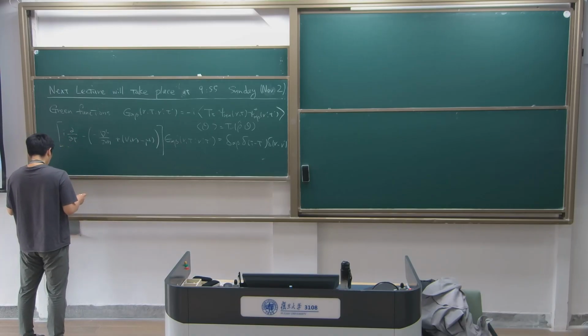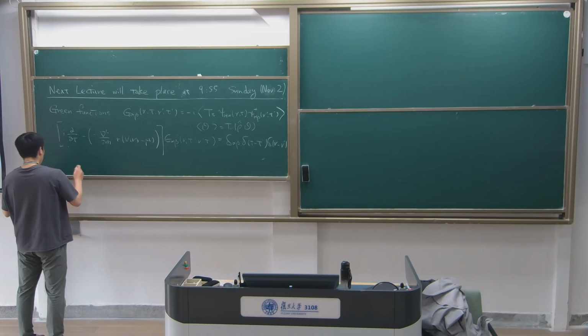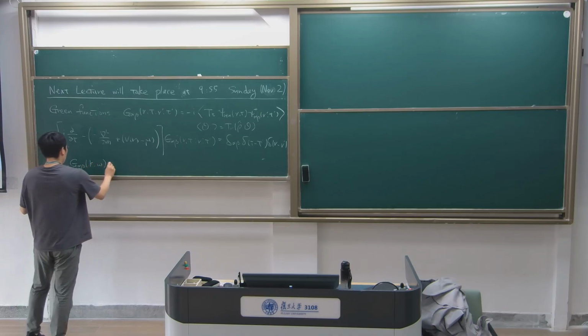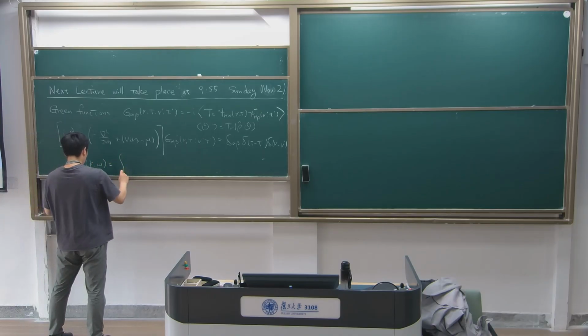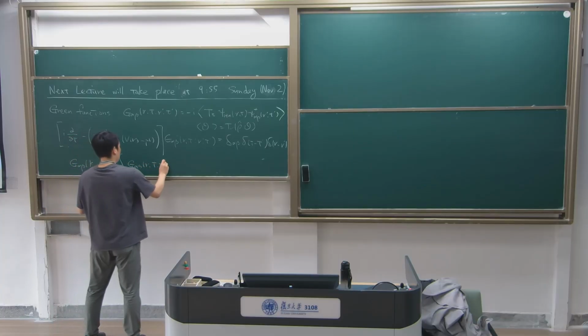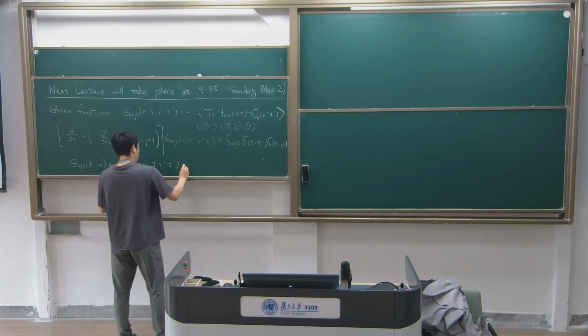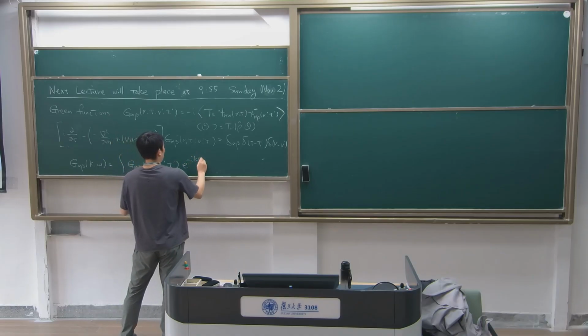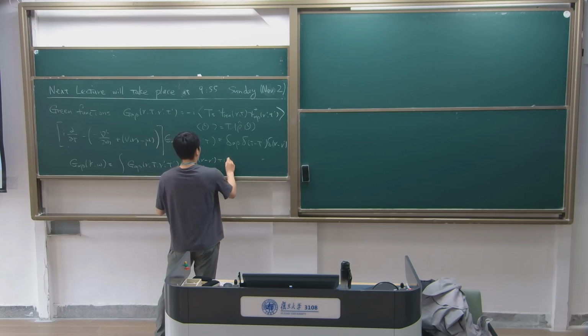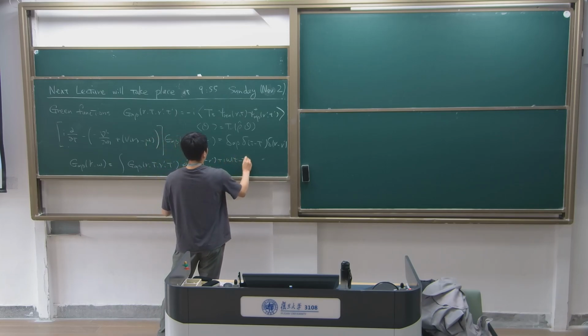So therefore, once you take the Fourier transformation of G alpha beta, G alpha beta (R, T) of e to the minus i k R plus omega T.